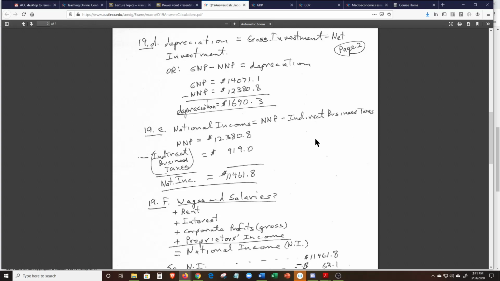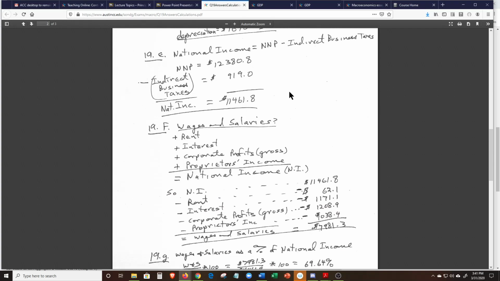And then depreciation equals, of course, net investment minus gross investment, but it also equals GNP minus NNP. And since we had just figured out GNP and NNP is given, we get depreciation equaling that.